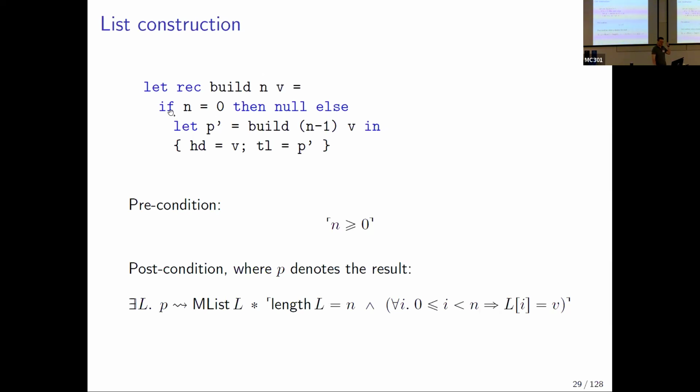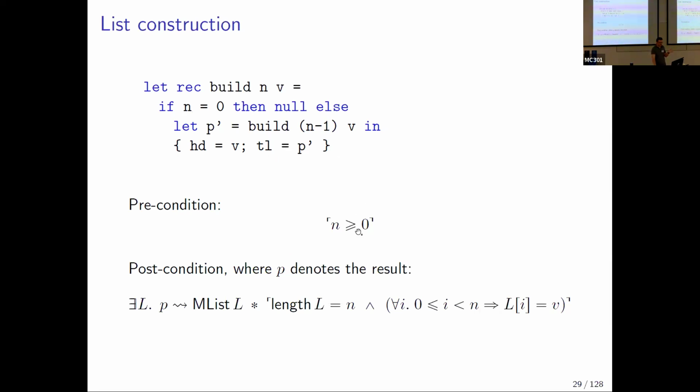So recursively, if n is equal to 0, we return null, the address. Otherwise, we call ourselves recursively with n minus 1 and v, and then we allocate this list cell, in which hd is equal to v and tl is equal to p prime, the result of the recursive call.